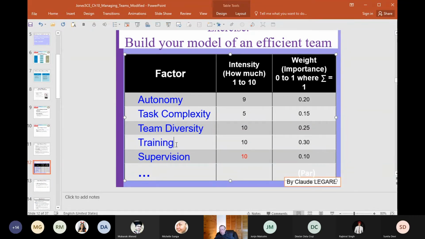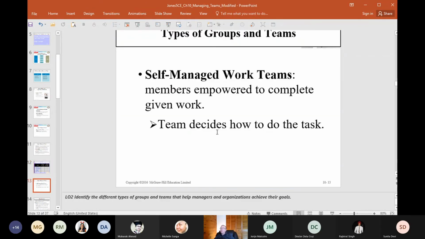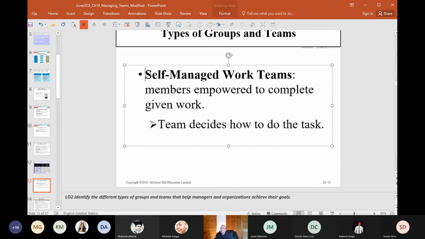So if the team lacks some skills, then of course you will train the team to be efficient. So self-managed teams work better because they are empowered, assuming that they have the competencies.